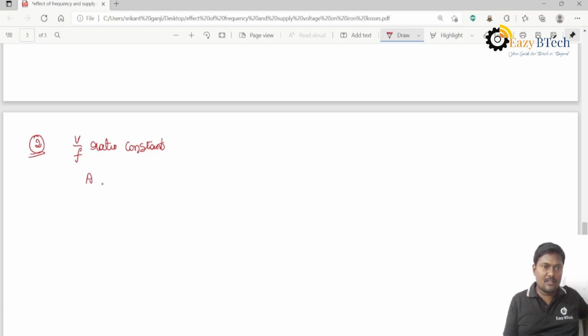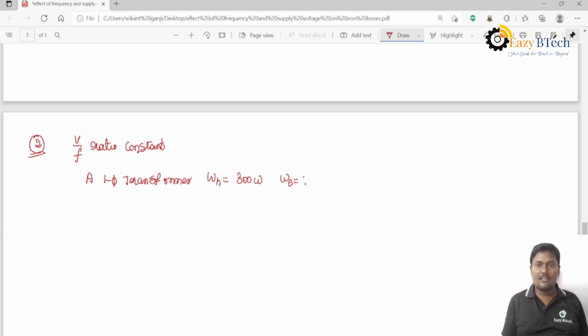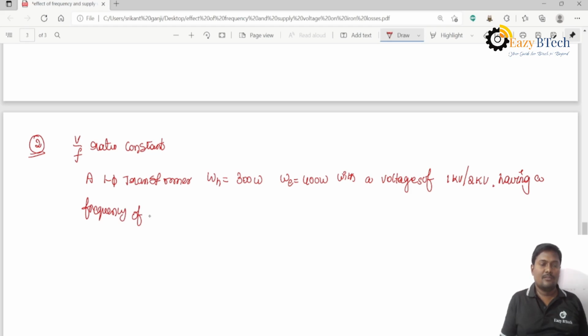A single phase transformer has hysteresis losses equal to 300 watts and eddy current loss equal to 400 watts, with a voltage of 1 kV, having a frequency of 50 Hertz.